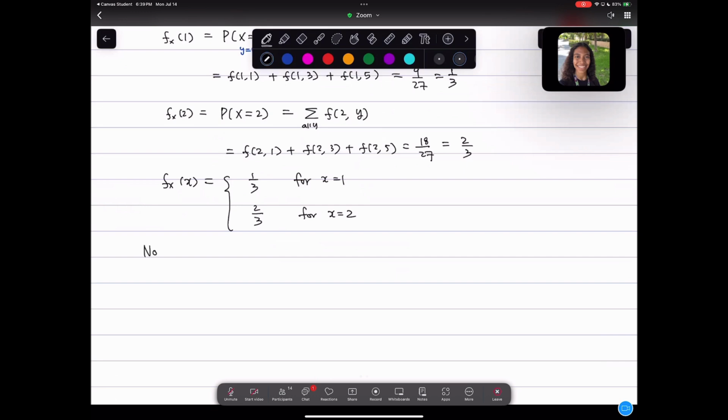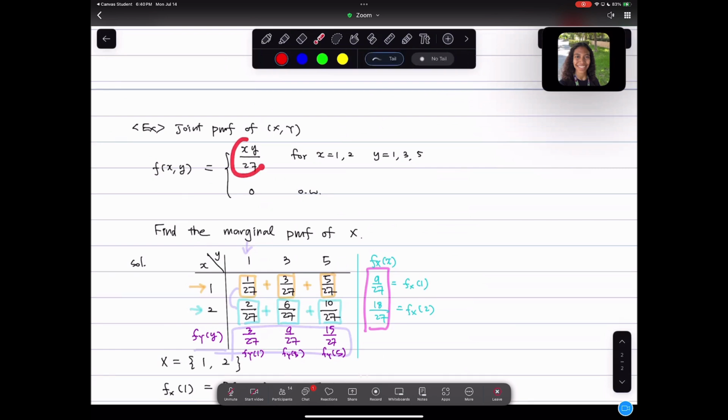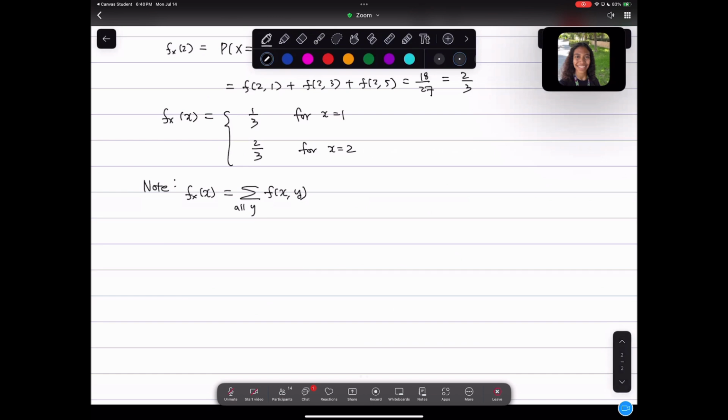Now let's get this for this particular example. I could do it a little differently, because my marginal is adding the joint over all these y values, and I happen to know the joint PMF, which is given as this. So for this question, I could actually use that. So here goes my joint PMF, which is x times y over 27.